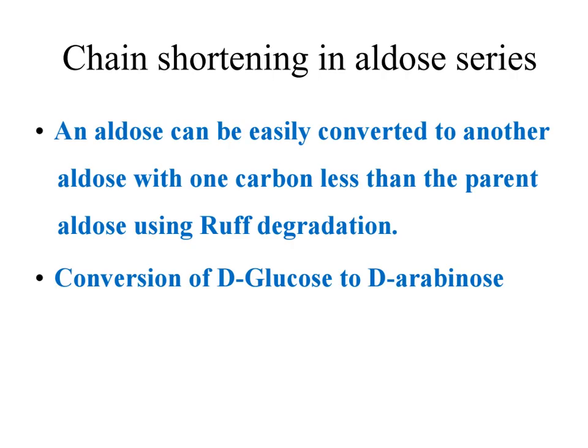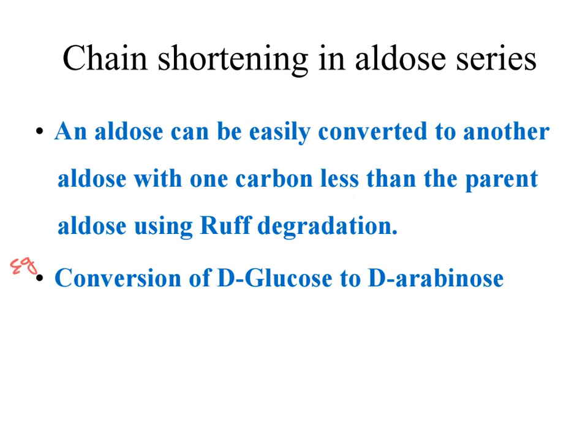How we can convert 6-member carbon chain length to 5-member carbon chain length, we will discuss in the Ruff degradation. Ruff degradation is an example for chain shortening in the aldoses series. An aldose can be easily converted into another aldose with one carbon less than the parent aldose using the Ruff degradation process.